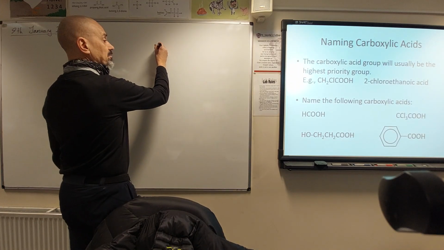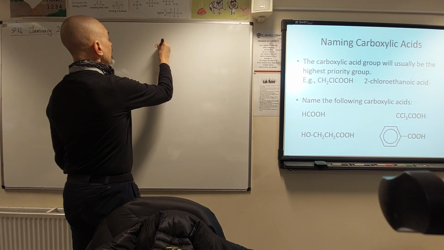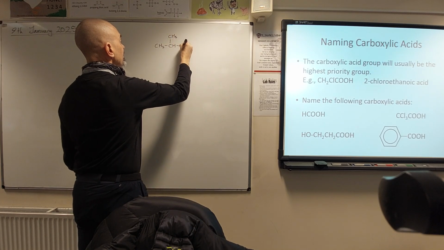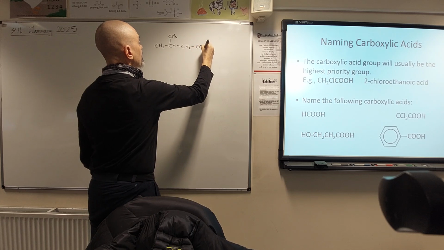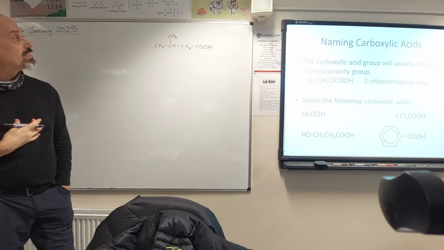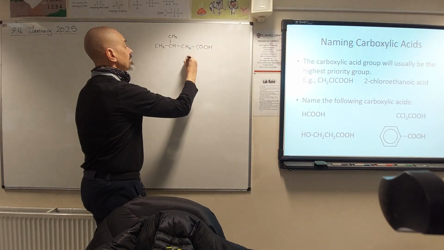If we have any kind of substitution, let's say put a methyl in there. Let's make it another one. There we go. So we've got 4 carbons as butanoic acid, and then we've got a methyl group sitting on the butanoic acid.